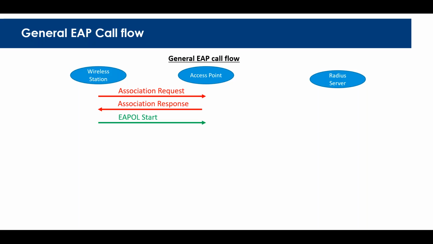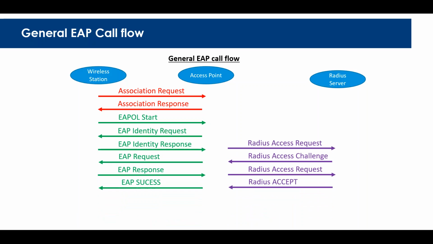followed by an EAPOL start sent by the wireless station to the access point. This is not a mandatory packet as per the standard, but some client implementations send EAPOL start. Irrespective of EAPOL start, the access point will send an EAP identity request to the wireless station.